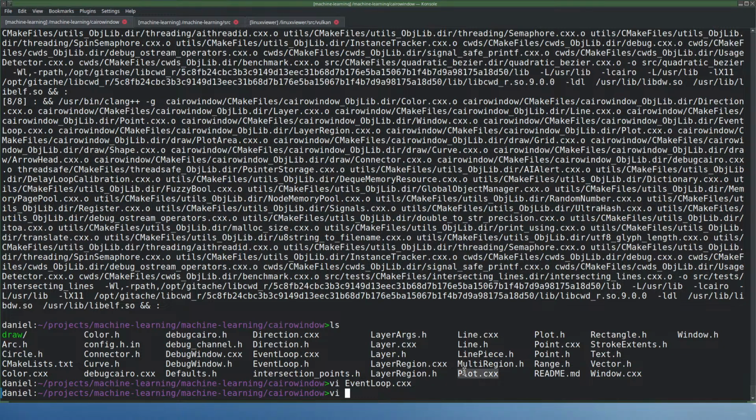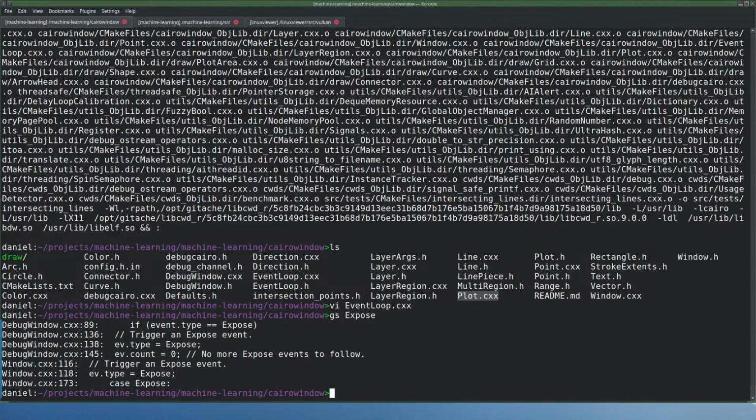Seems to have a lot to do with plot. Nah, cannot be plot. Can definitely not be plot. No, I don't know. Let's search for expose. Debug window. It's just part of window. Unbelievable.